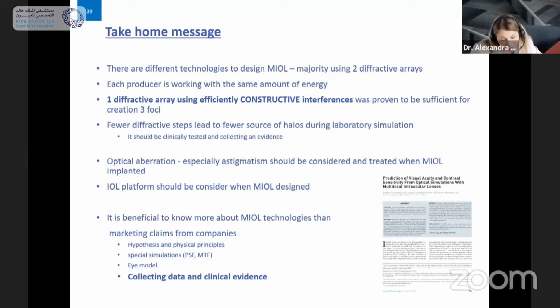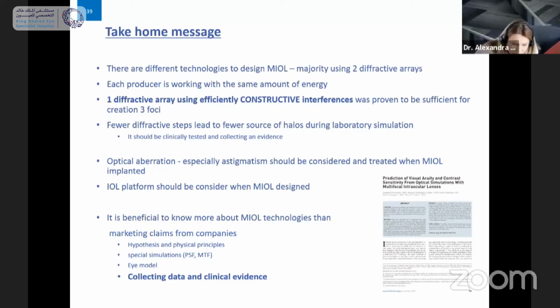And last but not least, the IOL platform is also very important when producers consider multifocal IOL design.